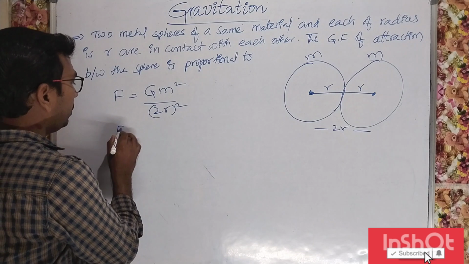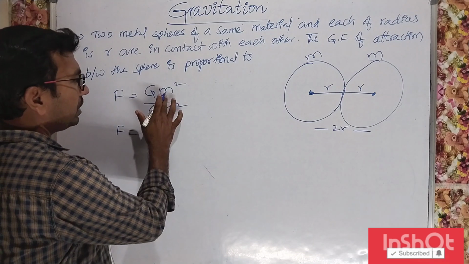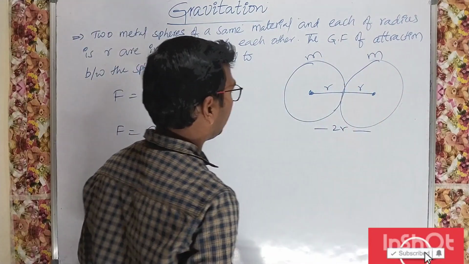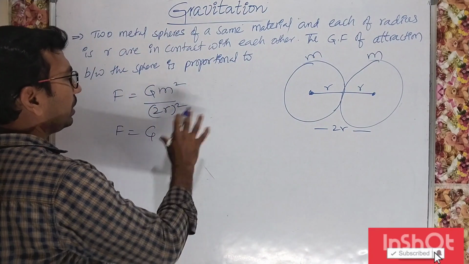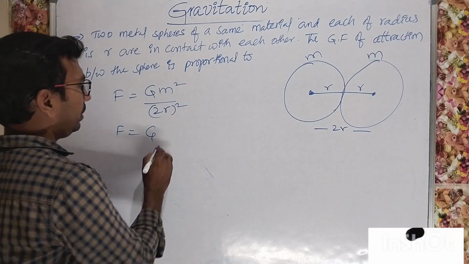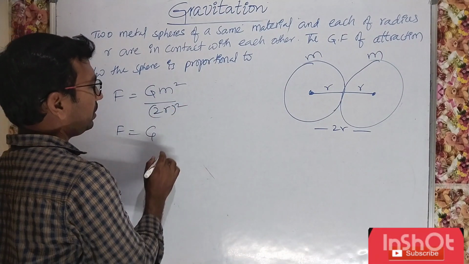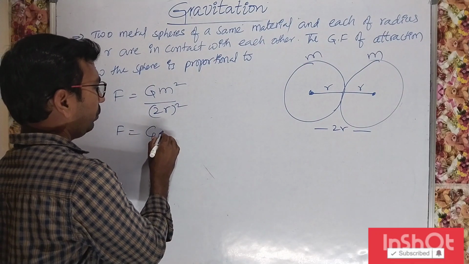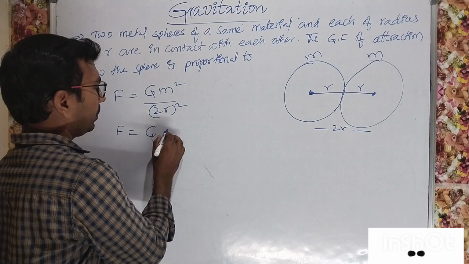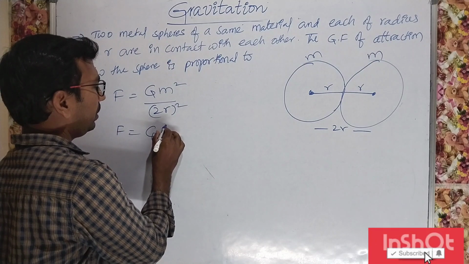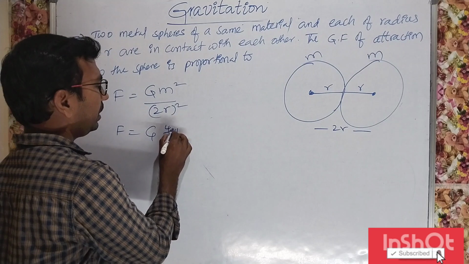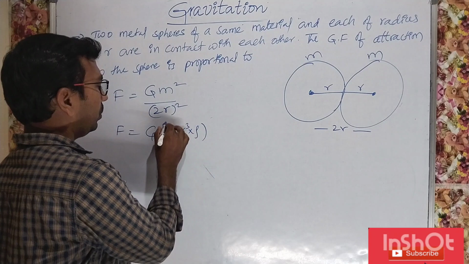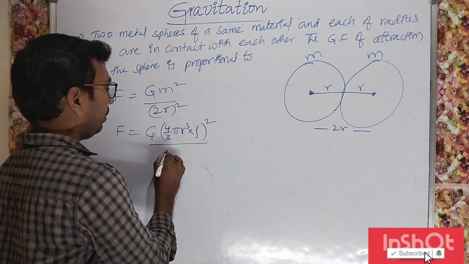Since density is given, we convert the formula in terms of density. Mass is equal to volume into density, and the volume is 4 by 3 pi r cube. So F is G into 4 by 3 pi r cube into density, whole square, by 4r square.